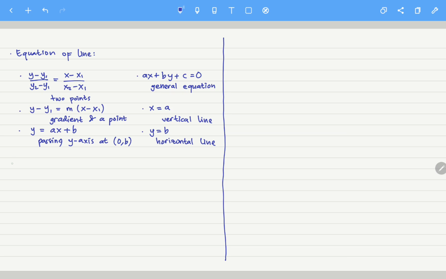Now let's see what distance is. We have the following theorem in the book.